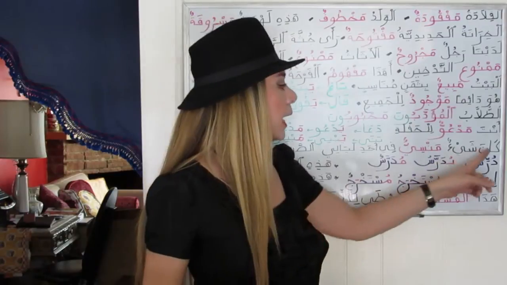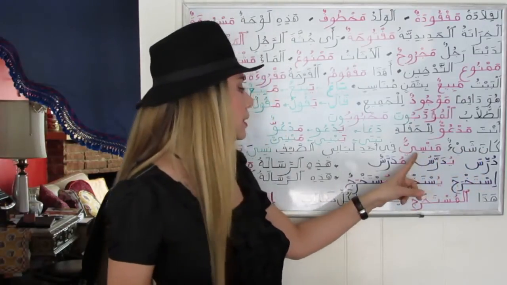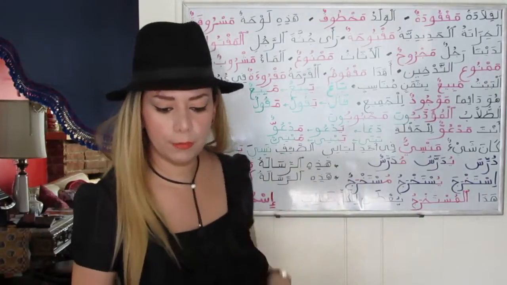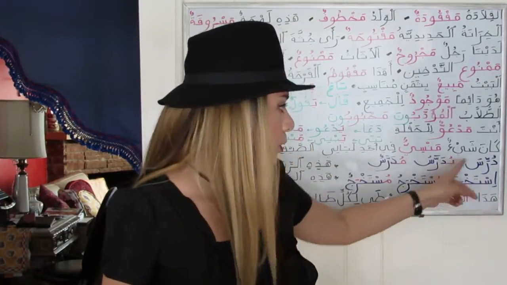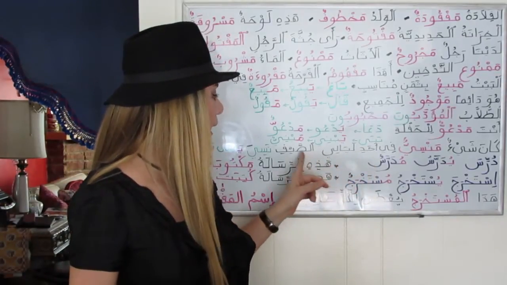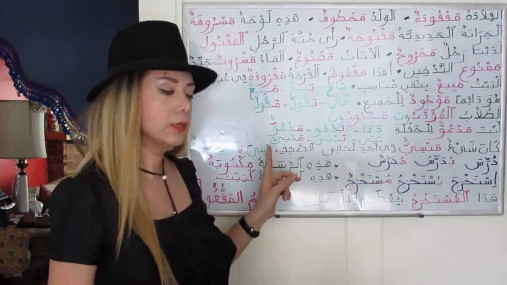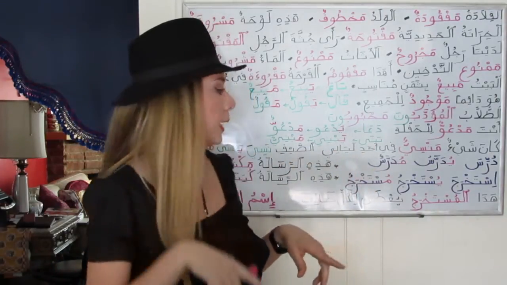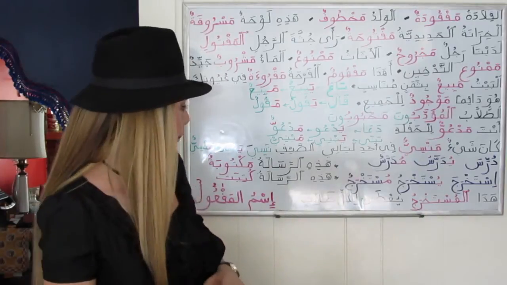So, كان شيء منسي في أحد ليالي الصيف. It was something forgotten one summer night. في أحد ليالي الصيف. الصيف, summer. One night here.